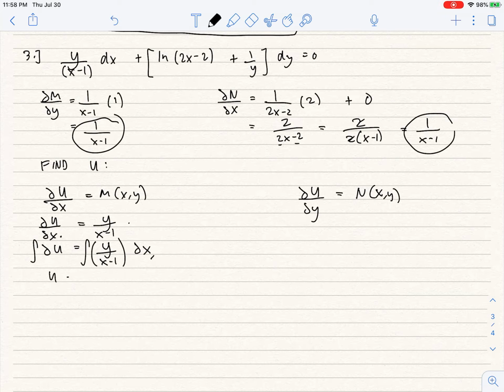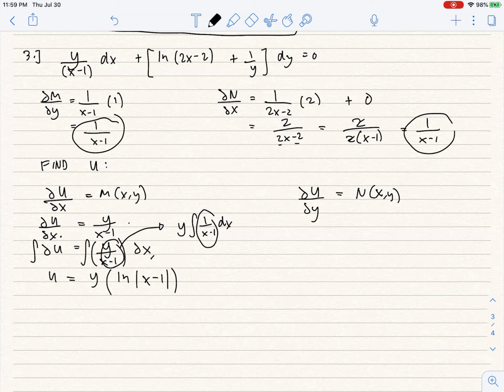So this is just u. Then the constant here is y, so we put y in front, multiplied by the integral of 1 over x minus 1 dx. The integral of this is just ln of x minus 1.